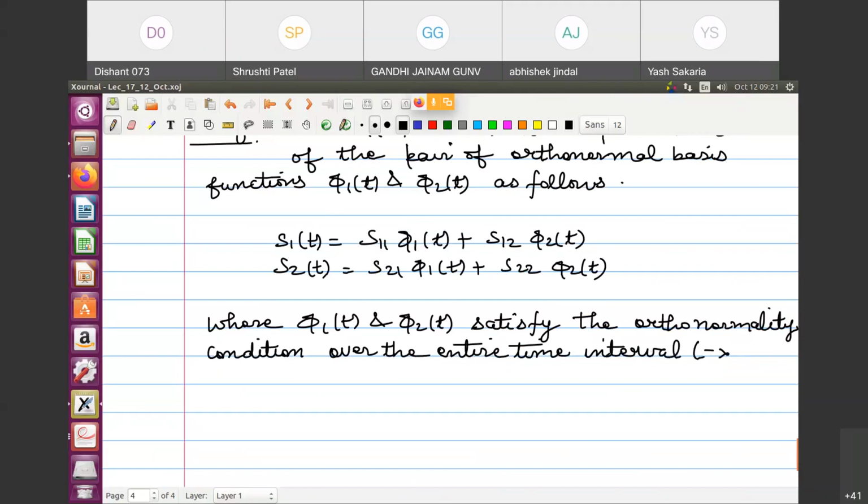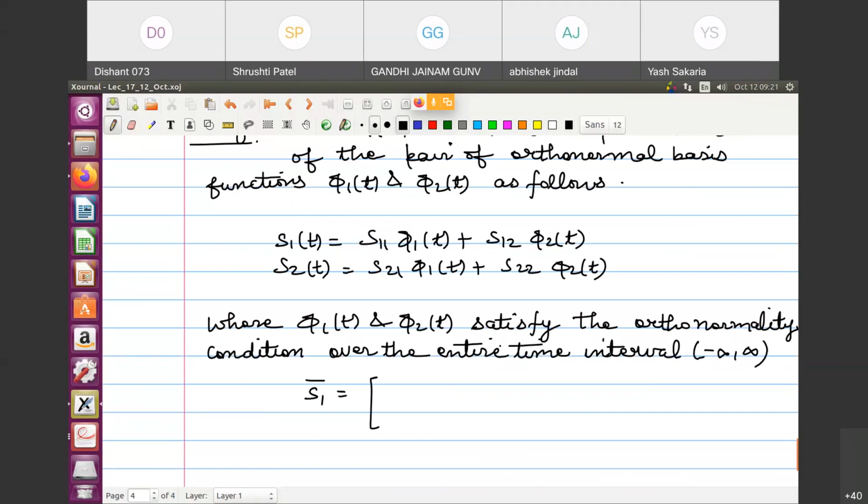Minus infinity to infinity. Now what is S1 bar? Now there is one important thing to realize at this point: can we have examples for it? Yes, you can realize the Fourier series. If you remember the Fourier series, the complex exponentials were of this kind. They were orthonormal over the entire domain.